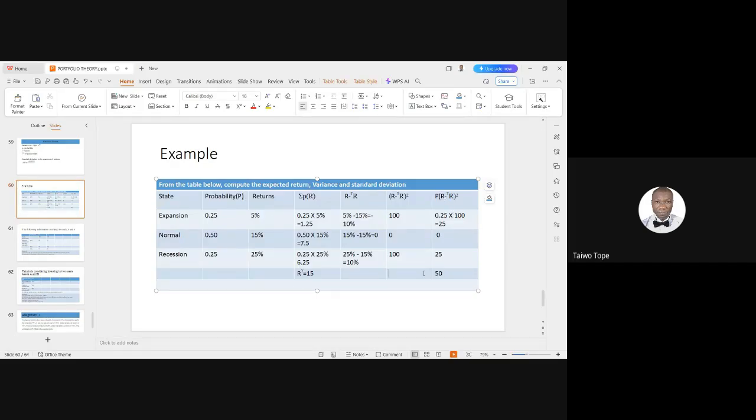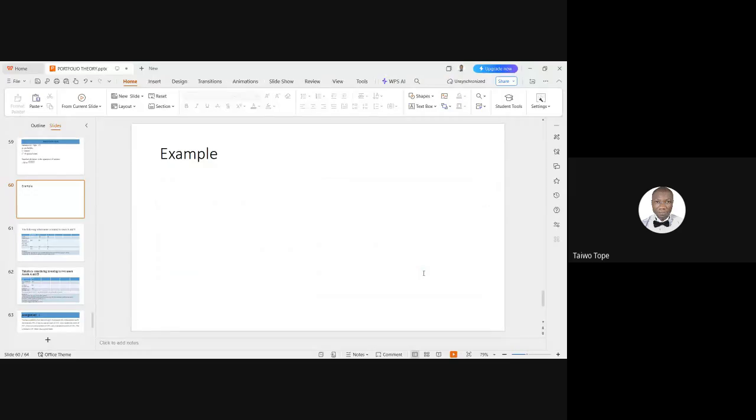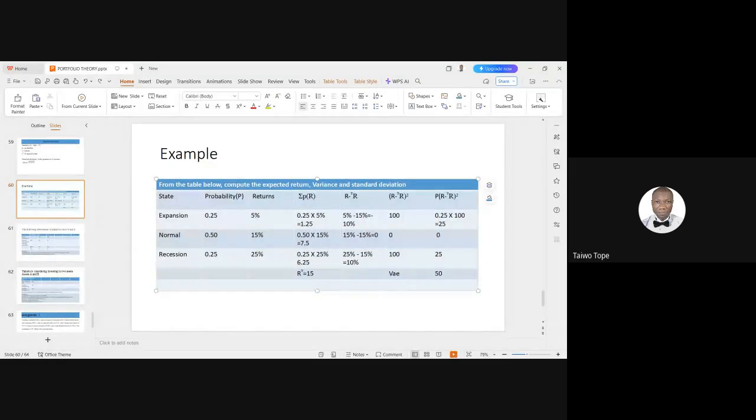So if this is your variance, 50, what is your standard deviation? It is the square root of variance.